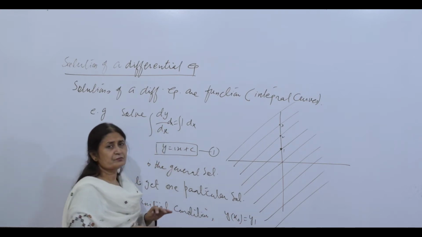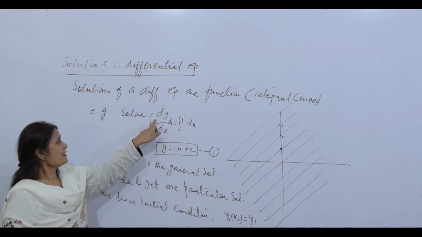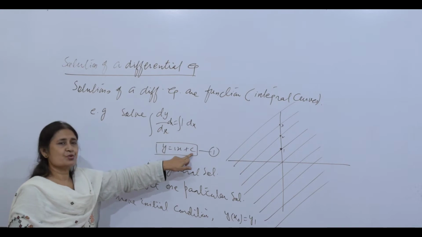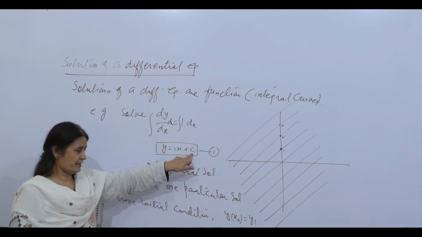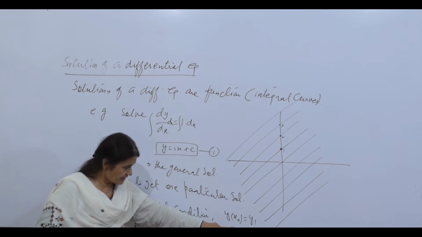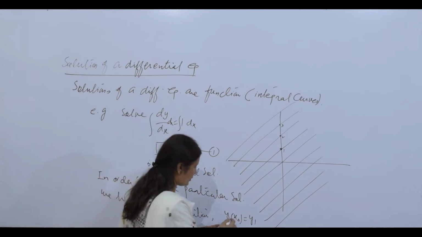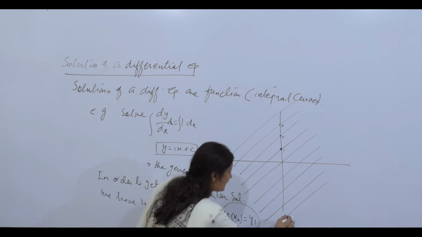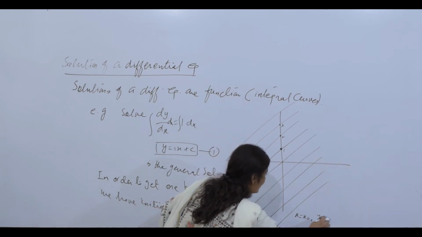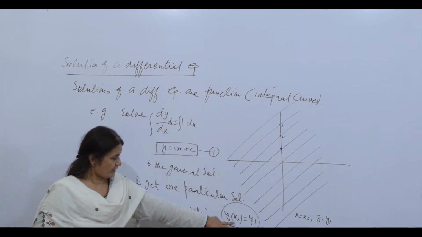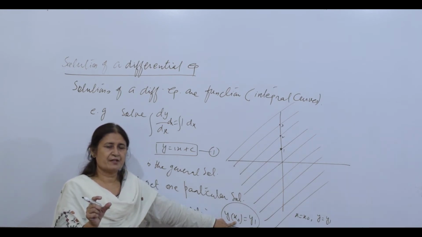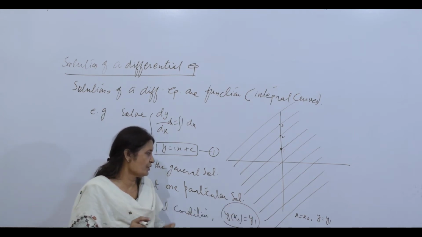For example, since we are solving a first order differential equation, dy by dx, first order, there is one constant of integration at the end, and this constant can be determined by applying this condition. This condition reflects that x is equal to x naught, then y is equal to y1. Y of x naught is y1 means in the parentheses you have x, and this is your y.